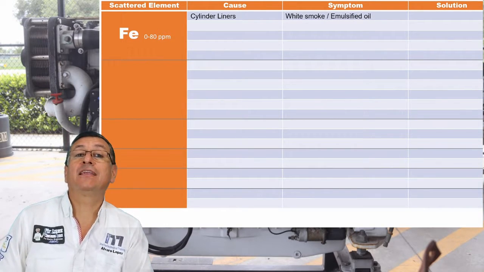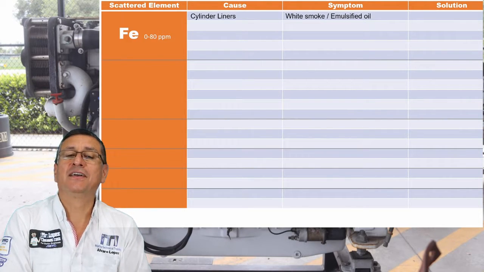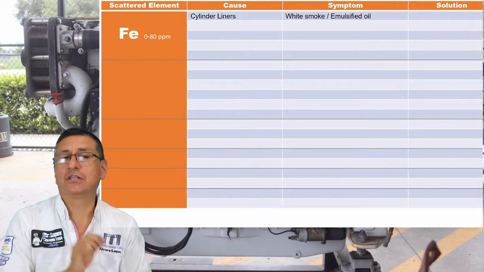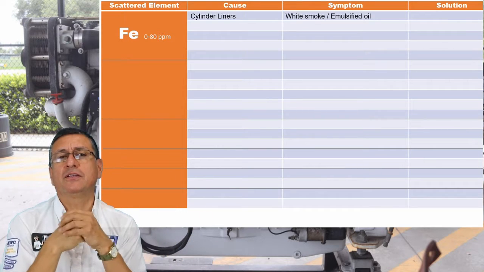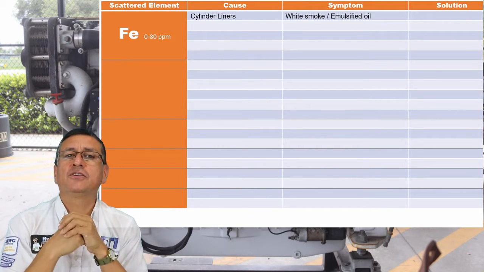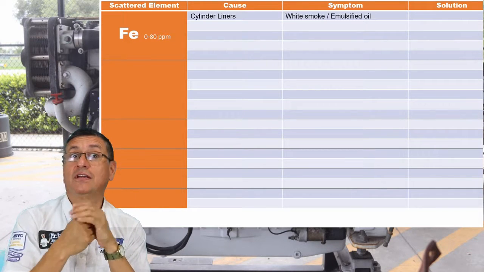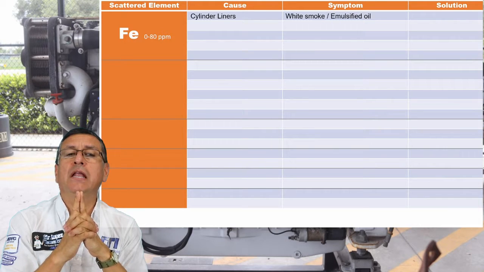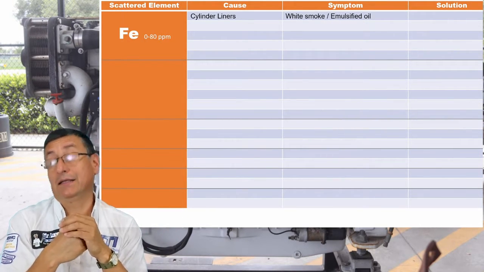If the cylinder liners, like I explained before, are perforated by corrosion, pitting corrosion, of course the coolant penetrates and enters the combustion chamber, and you have white smoke. This is the first consequence. And of course, if that situation occurs, probably you have the oil emulsified with coolant, and the oil is a milky color.